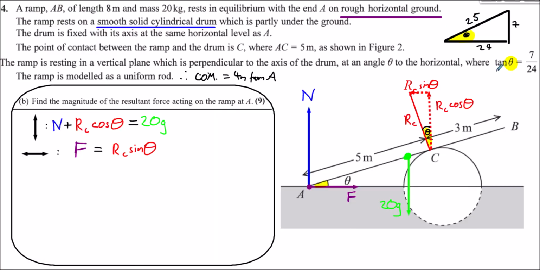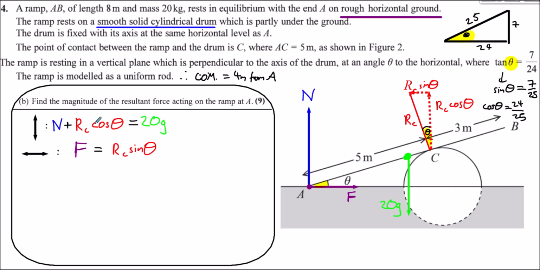Based on this piece of information, we can then nicely say that sine theta is opposite over hypotenuse, so sine will be 7/25, and cos theta is going to be 24/25. So we can input these in a moment. In fact, why not just do it now?